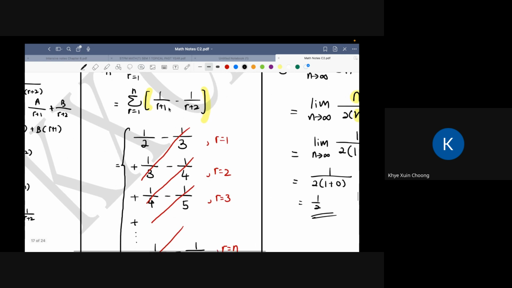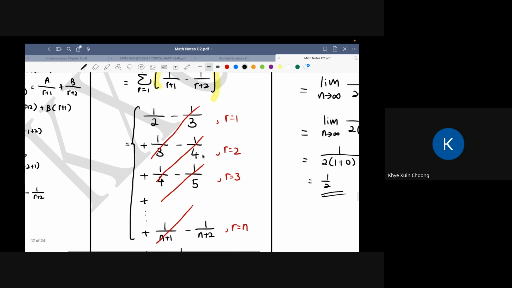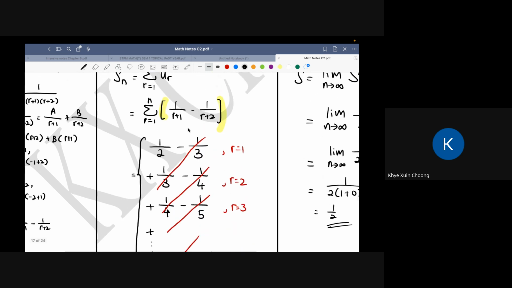When you do that, there is a trick that makes it easier to see the pattern. When you substitute the 1 inside, you don't write it as 1 plus 1, then 1 plus 2, and here 2 plus 1, 2 plus 2. It is difficult to see the pattern.